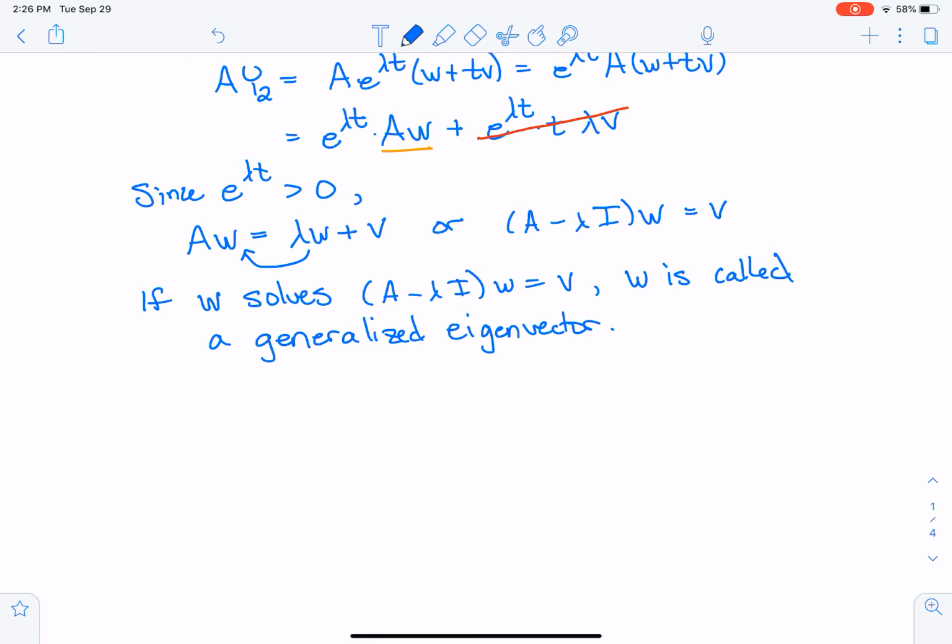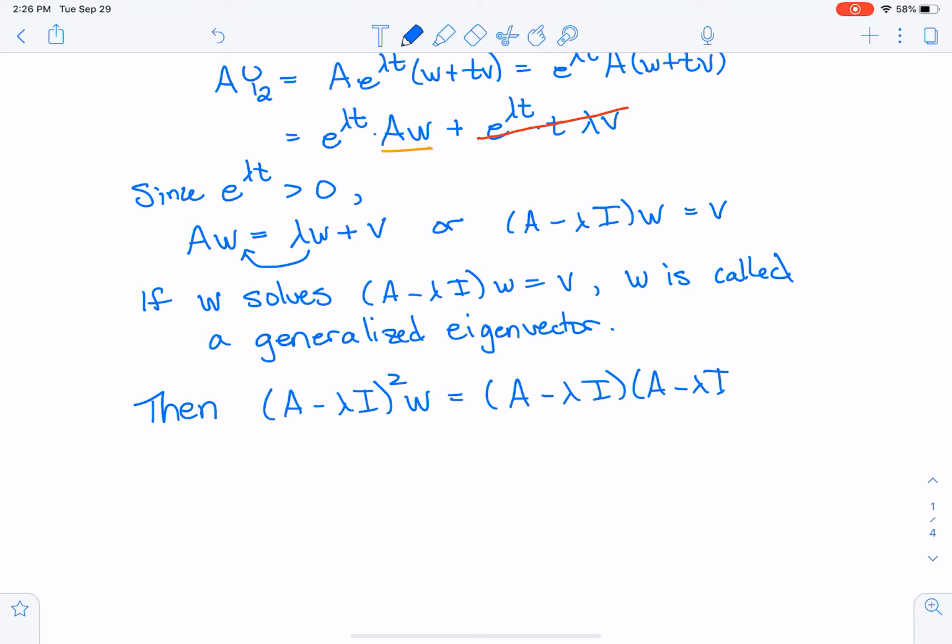So it turns out that if you look at a minus lambda I squared times w, that in fact is a minus lambda I times a minus lambda I times w.